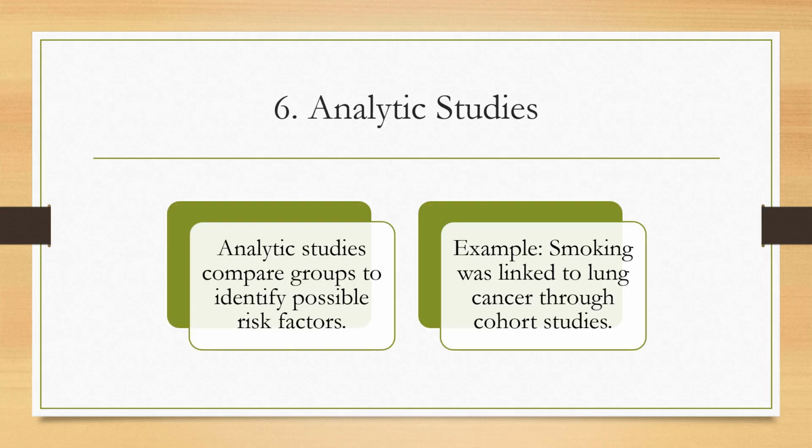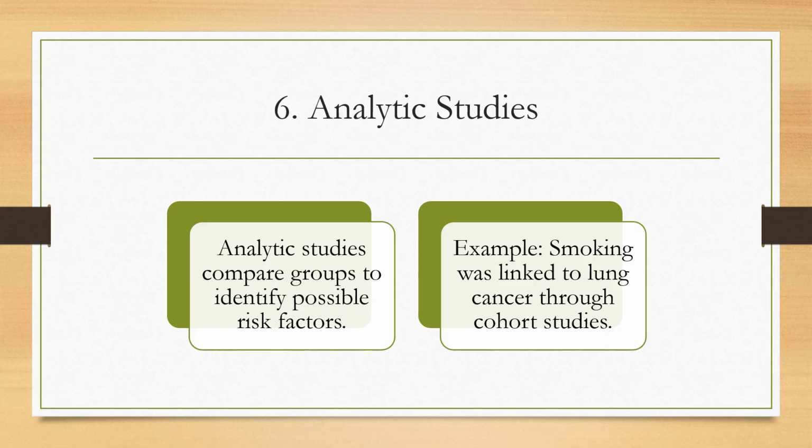Analytic studies help determine whether certain exposures are linked to disease outcomes. One of the most famous examples involves smoking and lung cancer. Researchers followed smokers and non-smokers over many years and found that smokers had much higher rates of lung cancer.